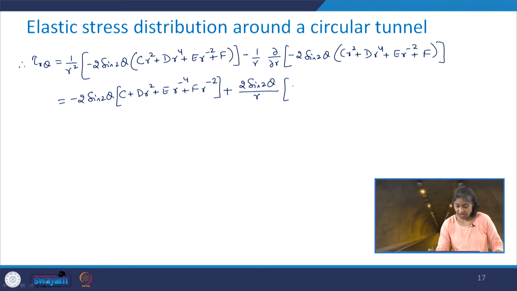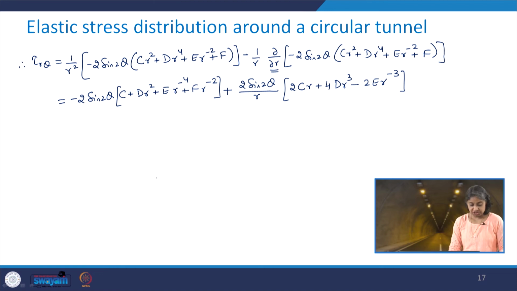So what you have is 2cr plus 4d r cube minus 2e r to the power minus 3, because here you have to differentiate with reference to r. So all these terms have to be differentiated.